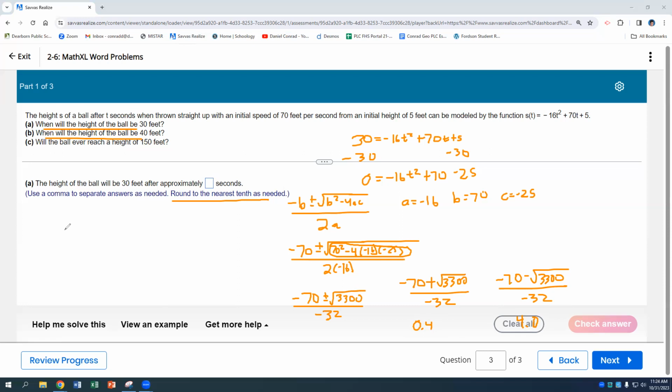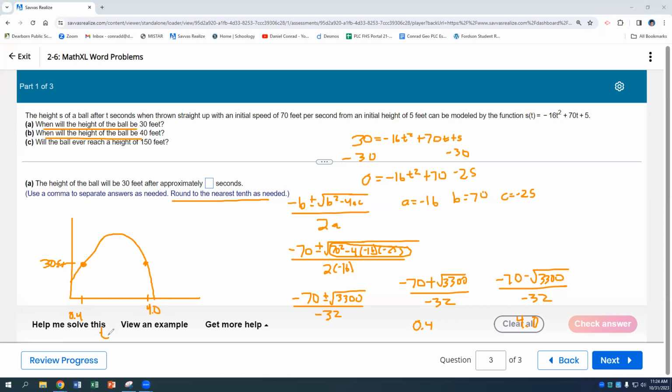Okay, so if I'm looking at a graph of this, right, the ball is going to go up, and then it's going to come down. So we're looking for a height of 30 feet. So at 30 feet, right, it's going to hit at time 0.4 seconds. And then it's going to hit 30 feet again on the way down at 4 seconds, 4.0.